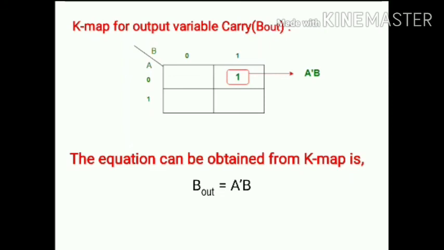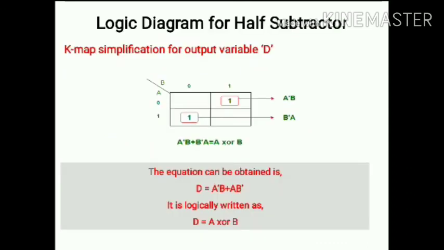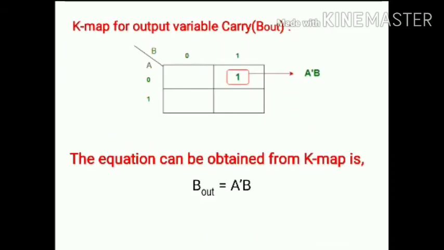Similarly, find the K-map for output variable borrow output. So look at the truth table once again. In the borrow output, only the second row got the value 1. So take the second row only, find the minterm, the value is 0, 1, that is A bar B, and mark A bar B in the K-map table as 1.